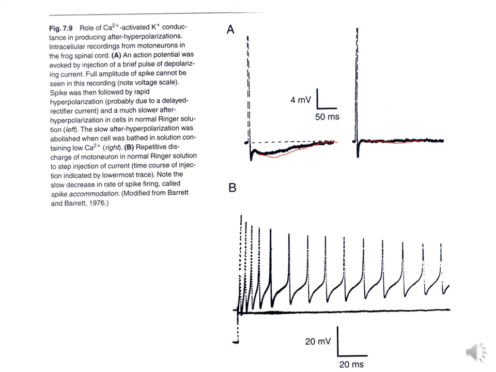Now, if the cell is depolarized in a sustained fashion, and that's what's shown in B, the buildup of calcium inside of the cells will generate this change in spike frequency that happens with time, which we call spike accommodation.